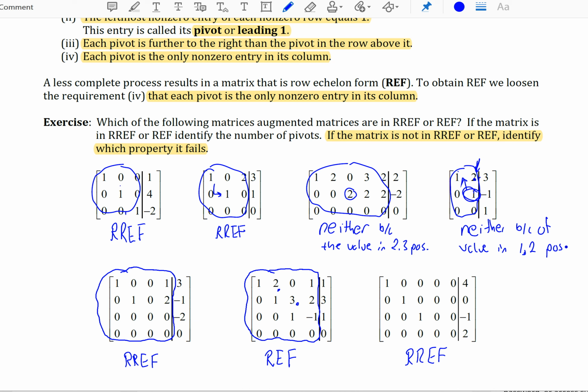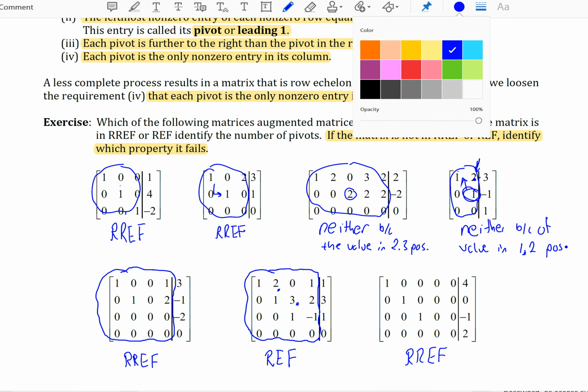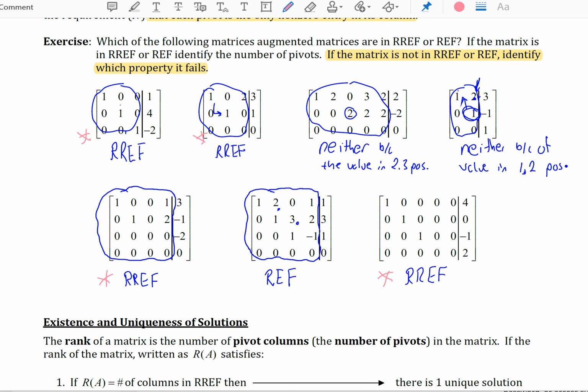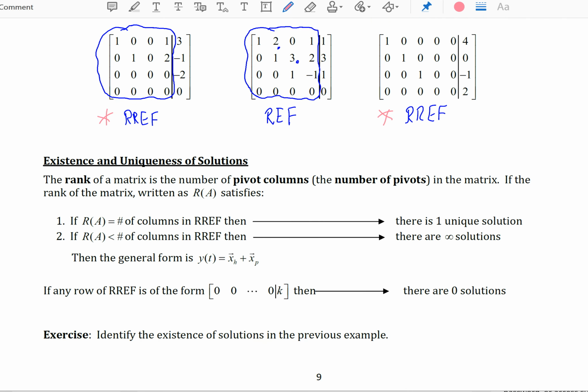Okay, so remember, we're going to be using these elementary row operations to try and get our matrices to be in RREF form. There's different ways it could look, but we're trying to make it look like this one, this one, this one, or this one, for example. This is our goal, to try to get them in these forms. Now, there's still more that can be done, though, because once your matrix is in RREF form, we want to be able to talk about the existence and the uniqueness of solutions.